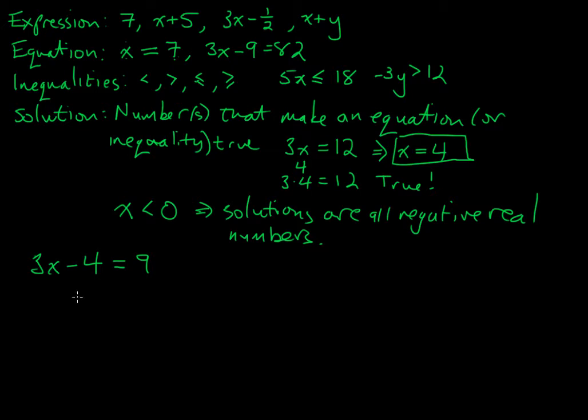If I do the same thing to both sides, say adding 4 to both sides, then it's not going to change the actual truth value of the equation. The resulting equation will still have the same solutions, because I haven't really changed anything. I've kept the balance. That's really what algebra means. It means keeping the balance. So what this results in is 3x equals 13.